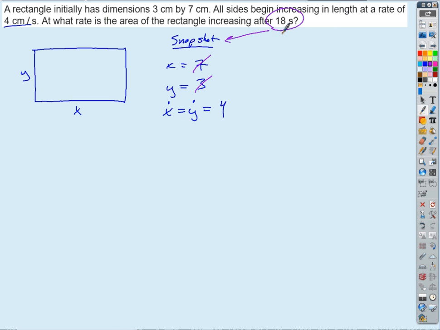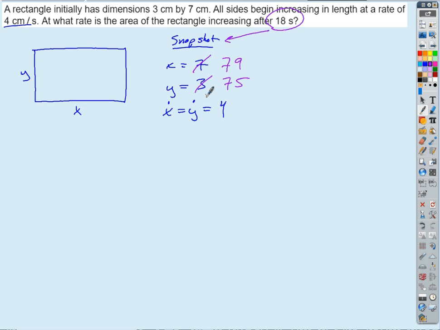So the length is not really 7, it's 7 plus 72, so it's actually 79. And this is just going to be 75. That's probably where there's a mistake, if there was a mistake on this. Does that make sense?